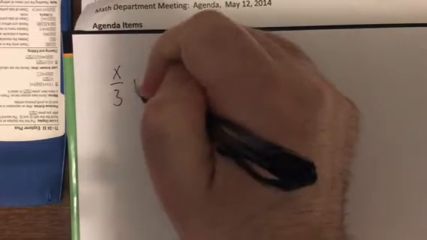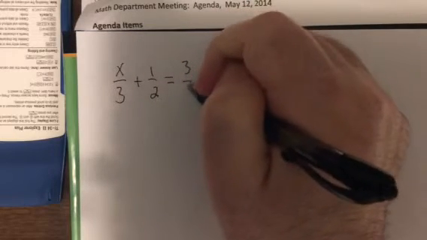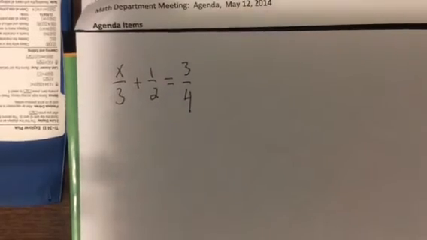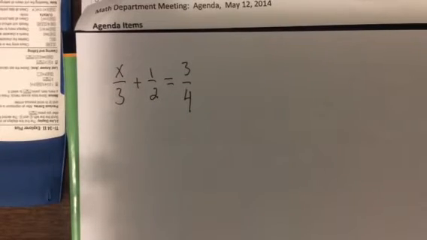So let's say I have x over 3 plus a half equals 3/4. Now, I could solve with the fractions, but it tends to happen that when people solve with fractions, they just mess up.